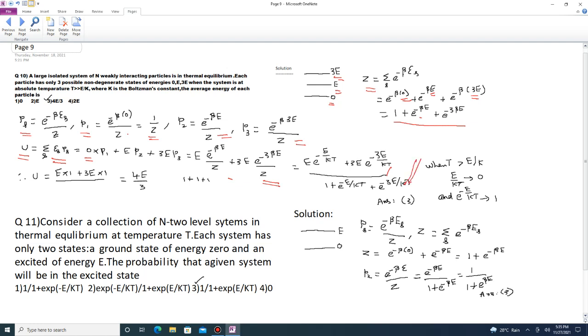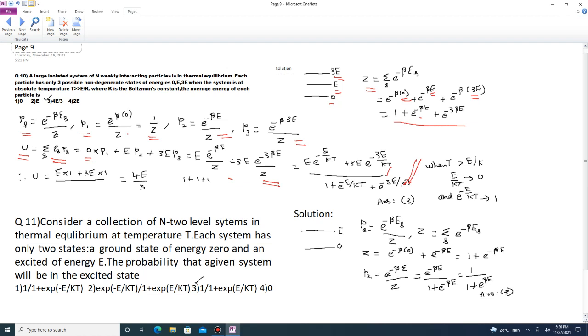Here the temperature T must be much greater than E by K. So E by KT tends to 0 because the temperature is very large. So e power minus E by KT tends to 1 when T is very large. So the exponential factor must be 1, that is, e power minus E by KT or e power minus 3E by KT is 1.